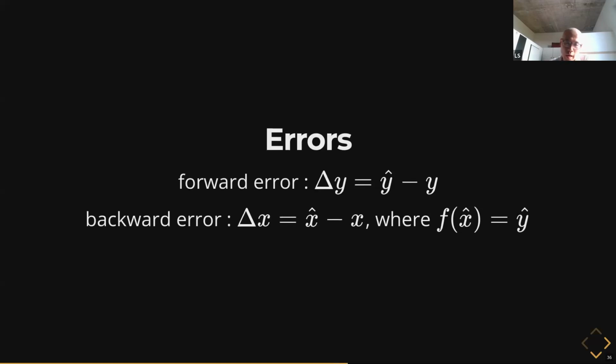And backward error is kind of the other way around. It is the difference between the estimated input and the true input, under the condition that when you put in the estimated input, you arrive at this estimated output. In other words, sometimes we cannot judge a solution based on knowledge of the truth, because we don't know the truth.